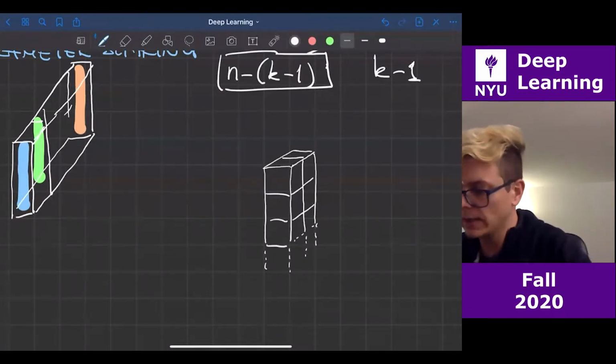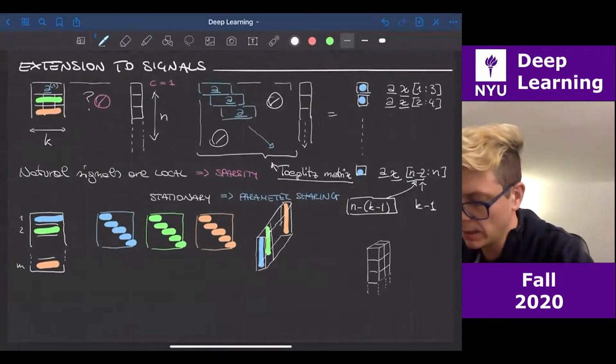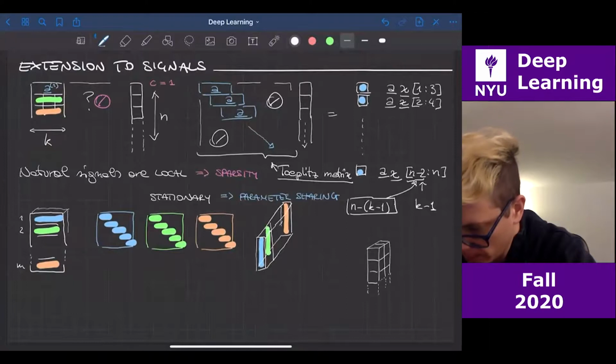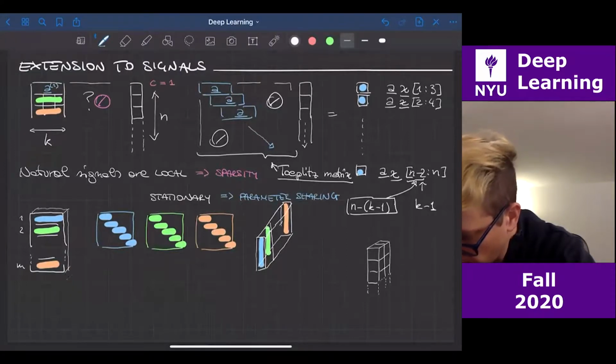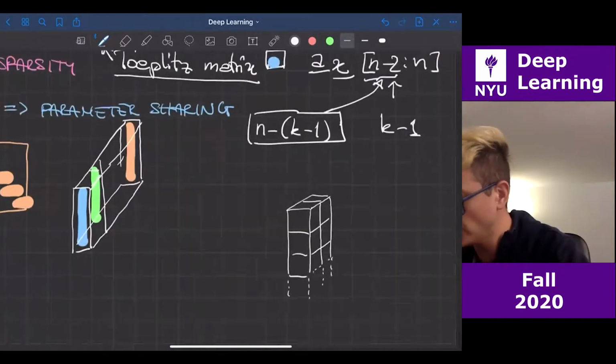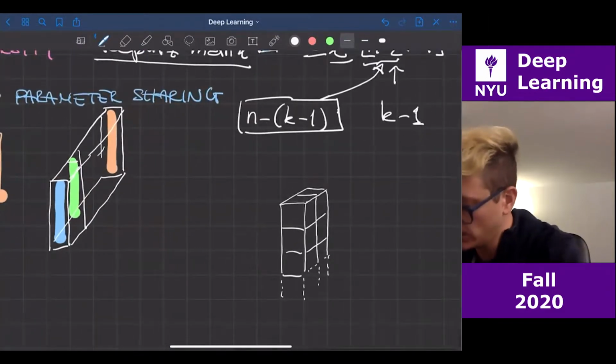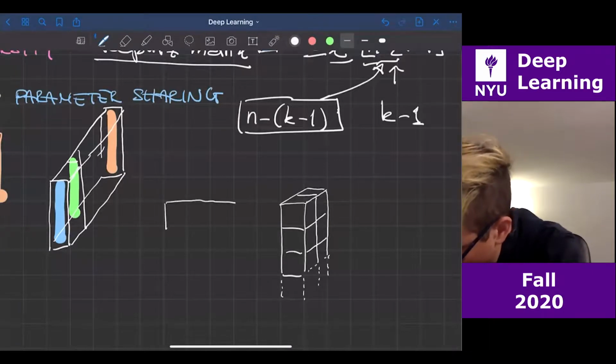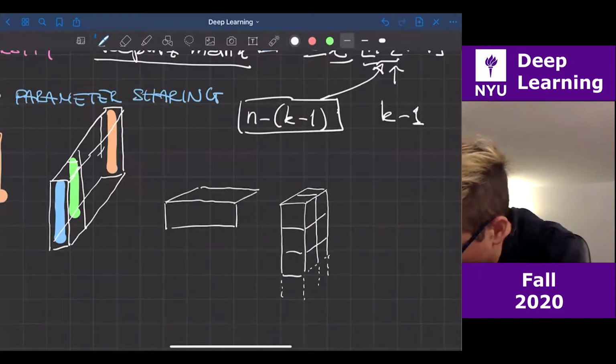Well, the kernels now, instead of being like here, where they had just one channel in thickness, now we're going to have a kernel which has more thickness, right? So we're going to have the kernel stack, which was 3 items. Now we're going to be also having some depth. This was the first one.